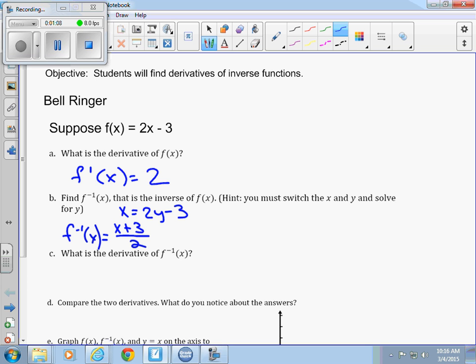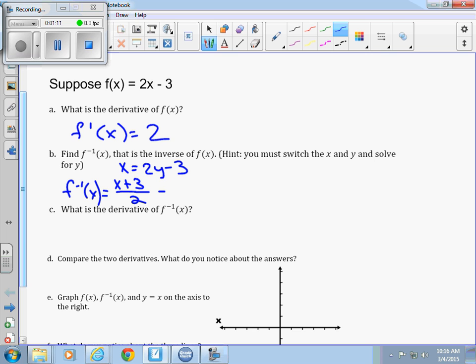What is the derivative of that? Well, if I do a little bit of a rewrite on that, isn't that just 1/2 x plus 3/2? So what's the derivative?